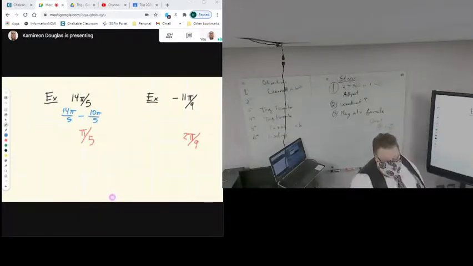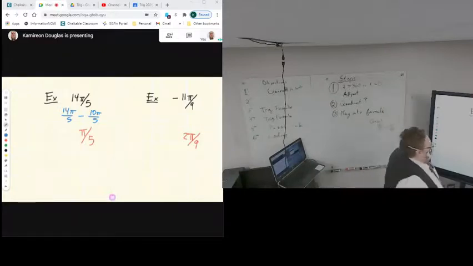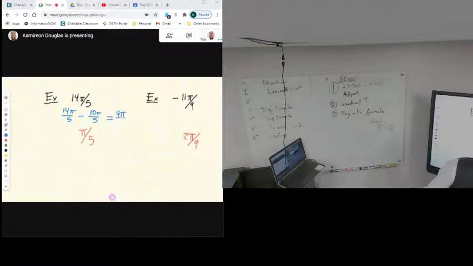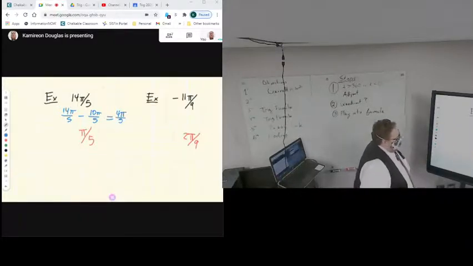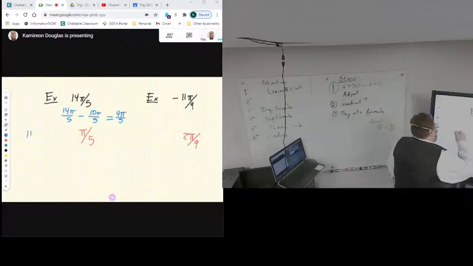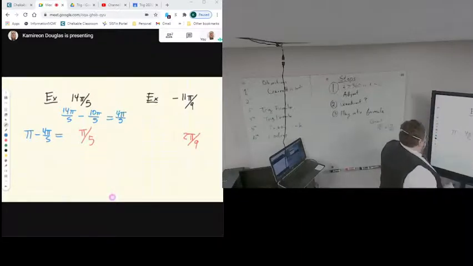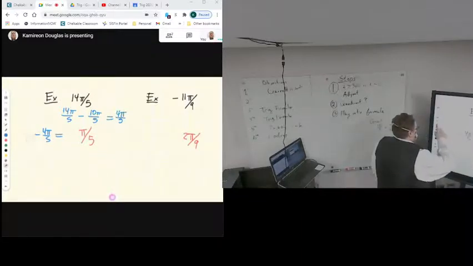That is equivalent to 2 pi, which makes this become 4 pi over 5. That is in the second quadrant. So I would take pi minus 4 pi over 5 and end up with pi over 5. Because remember, pi would simply become 5 pi over 5.